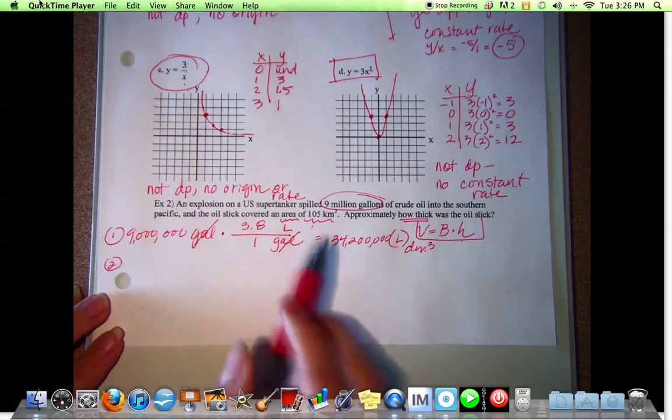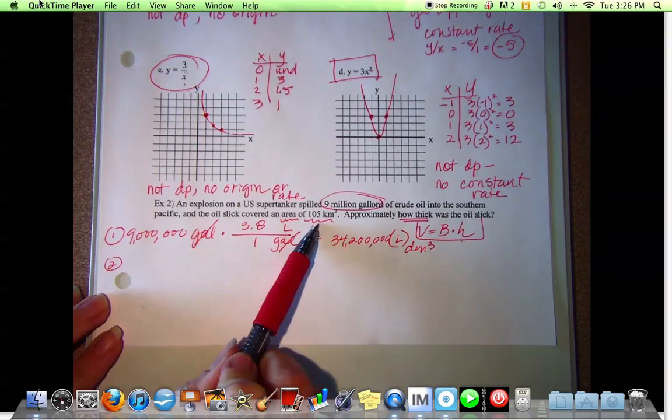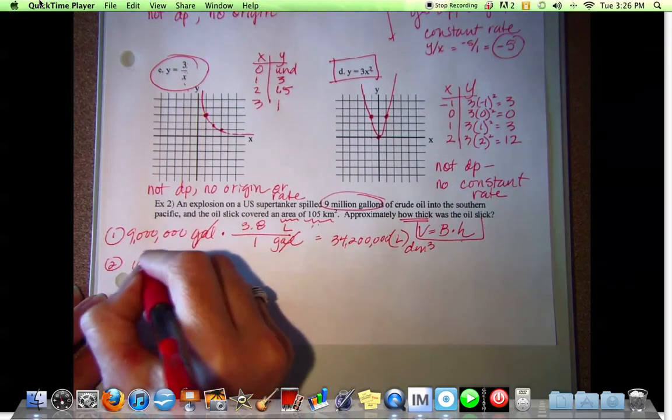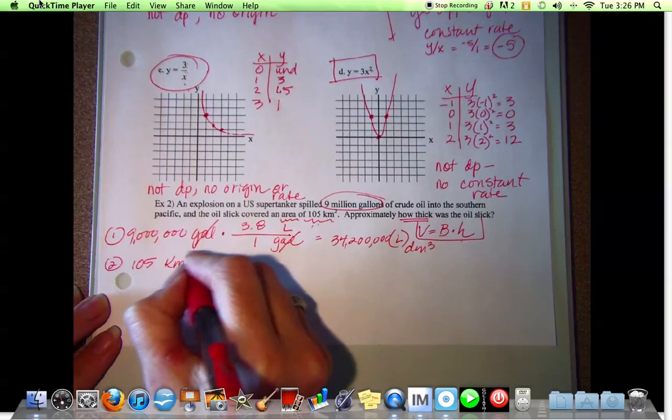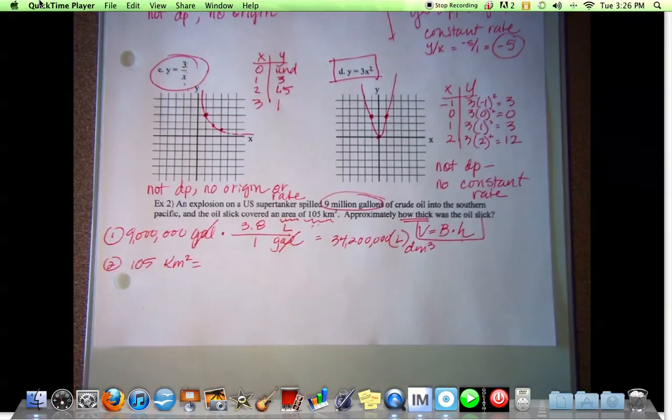2, we have area that we need to change. 105 kilometers squared. We need to change kilometers squared to decimeters squared. So kilo to deci, we would move 4. But because the units are squared, we are going to move 8.